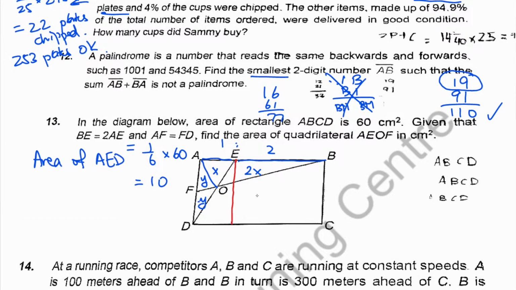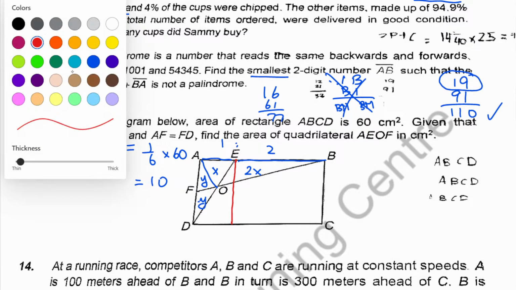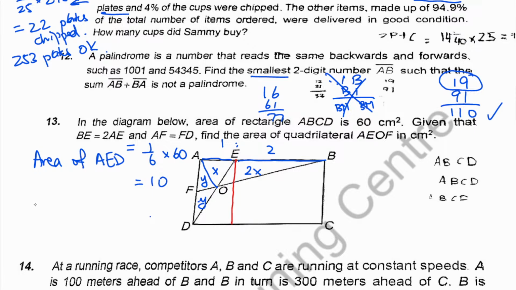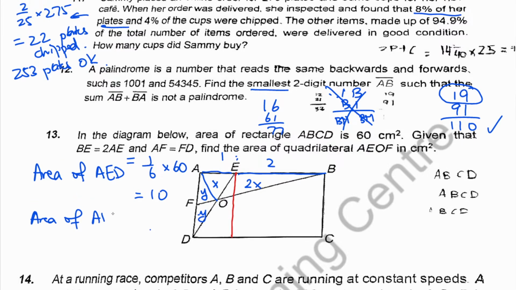Then this rectangle would have 1/3 of the area of ABCD, and the triangle would be 1/2 of that 1/3, which is 1/6 of the area. Okay, so that's AED, and similarly, area of ABF is equal to 1/4 times 60, which is equal to 15.